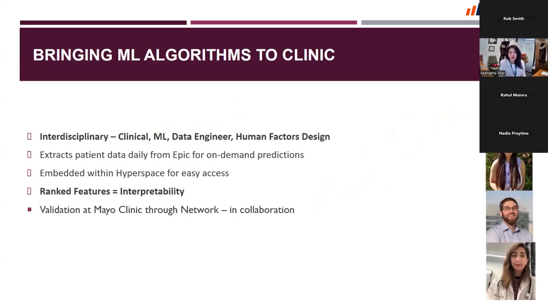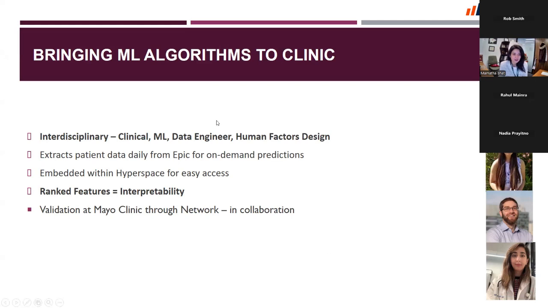Now, we have been trying to bring our ML algorithms into the clinic. And so, as I mentioned, we work very closely with a data engineer, Peter Maximowski, supervised by Mike Brudno, who's chief data scientist at UHN. We've also been working with human factors design people, in addition to our standard clinical as well as machine learning team.